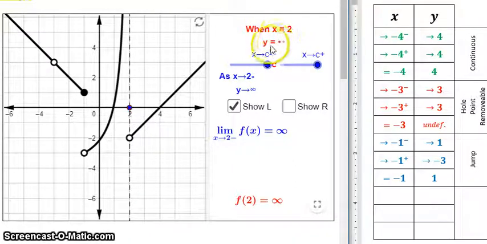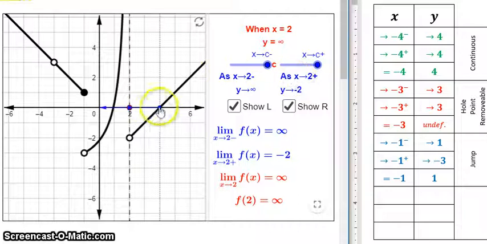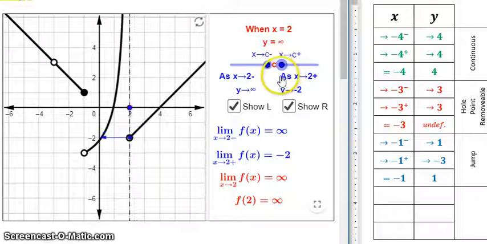When x equals 2, y equals infinity, even though this is not very good notation because we can't equal infinity, but the idea is that the graph has grown infinitely large. From the right side, we approach 2 from the right and can see that the y value is heading down to -2. So as x approaches 2 from the right, y is approaching -2.